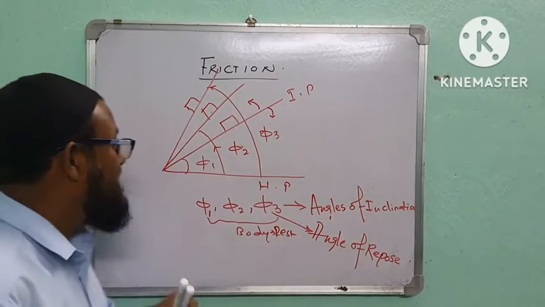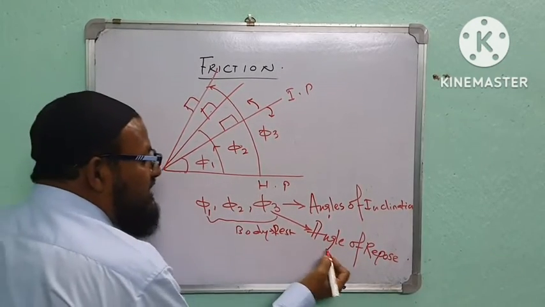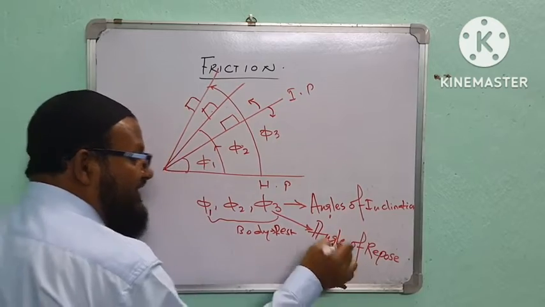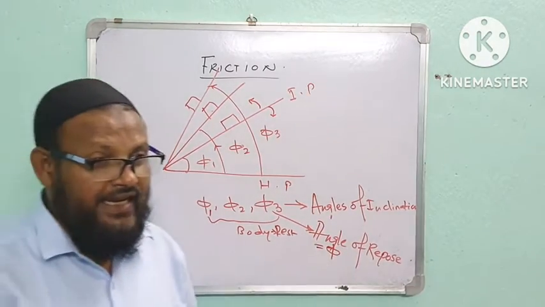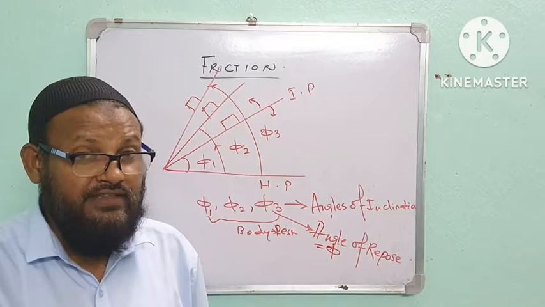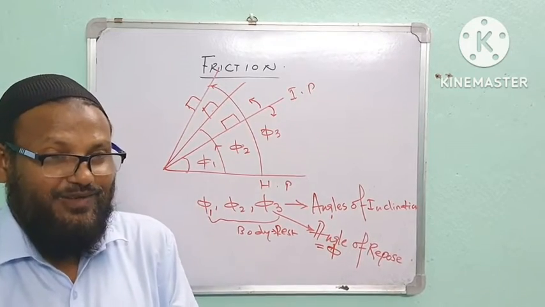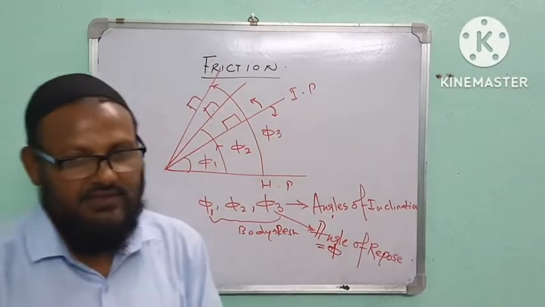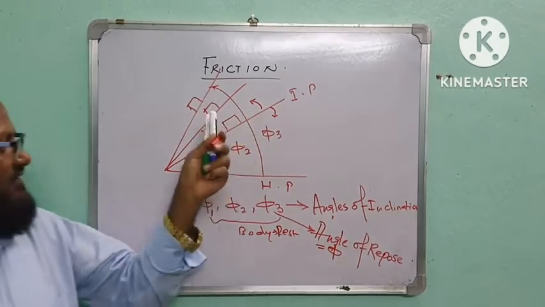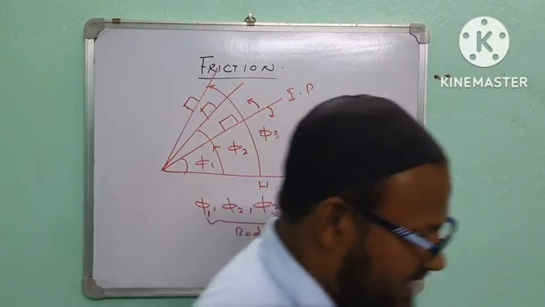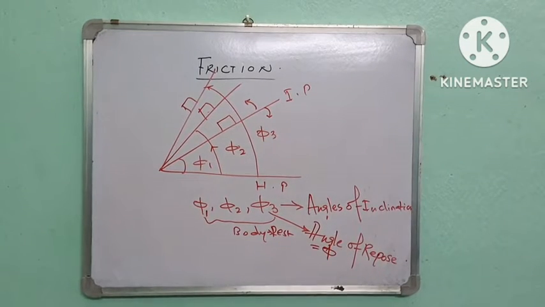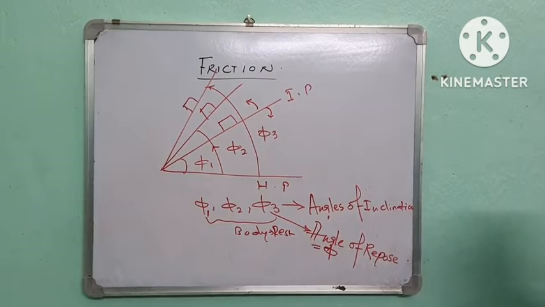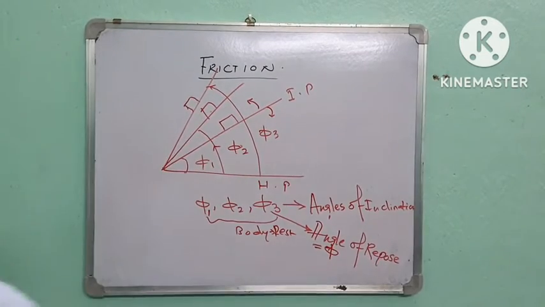Phi 3 is the angle of repose. In this condition, the body is on the verge of motion. Please write down.